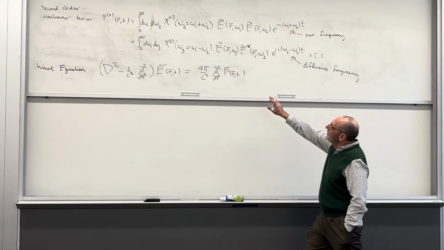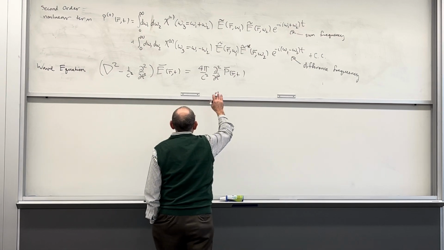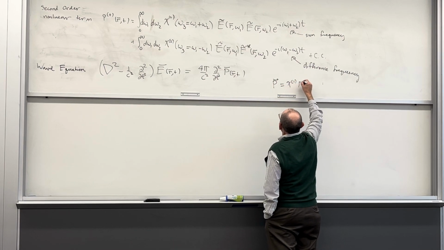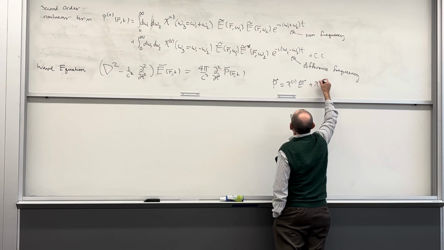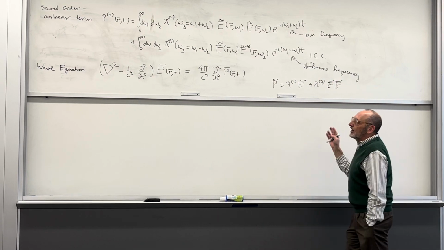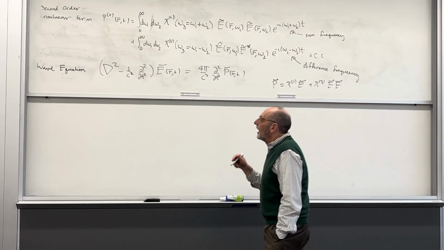So, given this, and given our decomposition where we write P as chi1 times E plus chi2 times E times E, if I look at this in the frequency domain, firstly, I see the following.